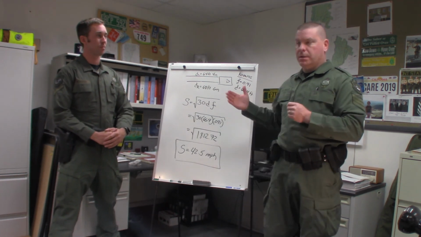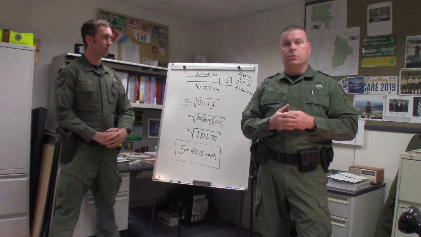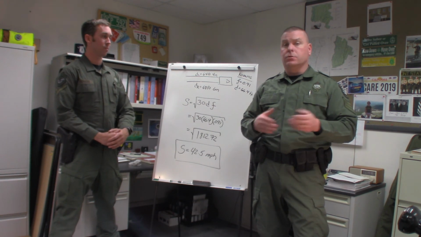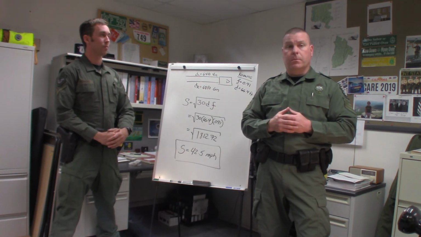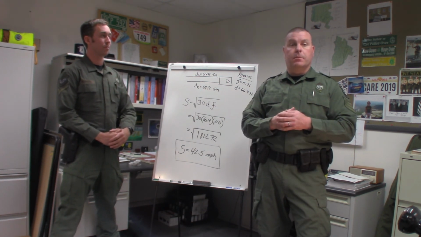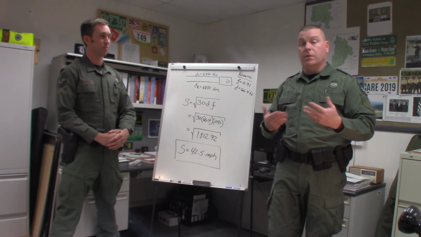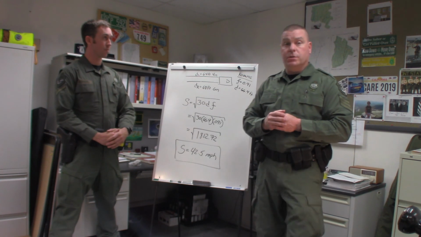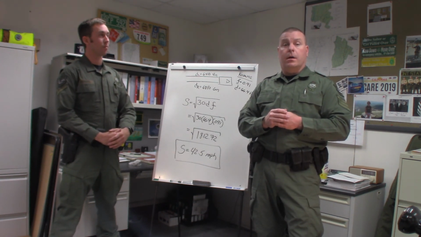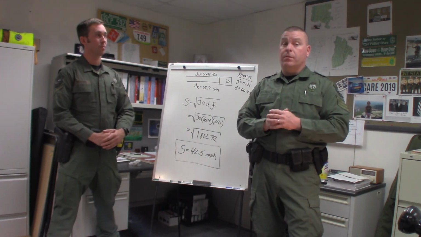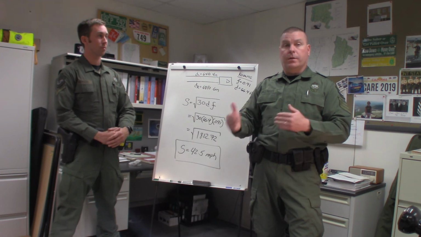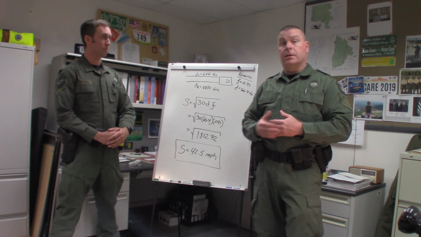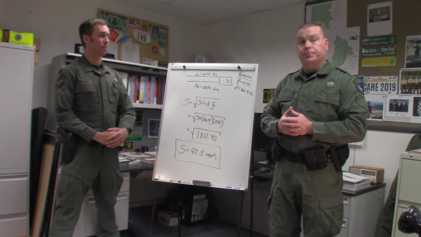We hope that this is an example of how math is used in a real-world application. Trooper Howard and I use these formulas on a daily basis to determine things like how fast a vehicle was traveling. In this instance, we calculated that a vehicle was traveling at 42.5 miles per hour. If the speed limit was 25 or 30 miles an hour in the area where these skid marks were deposited, we may have a problem there.